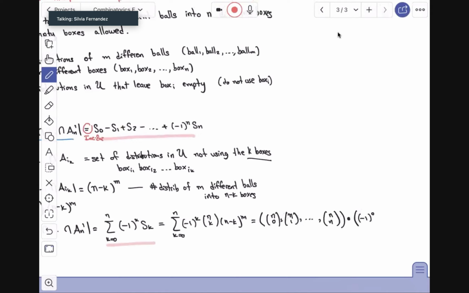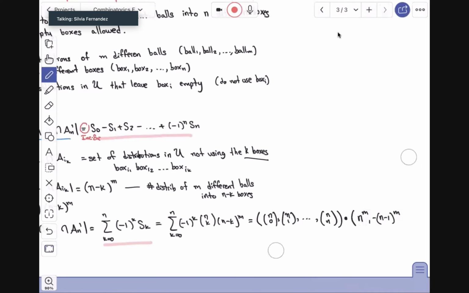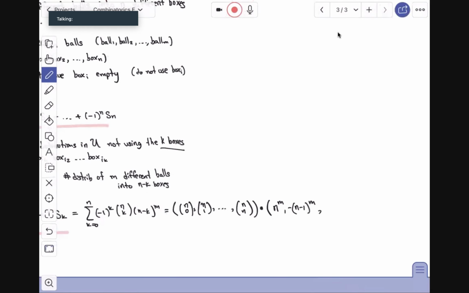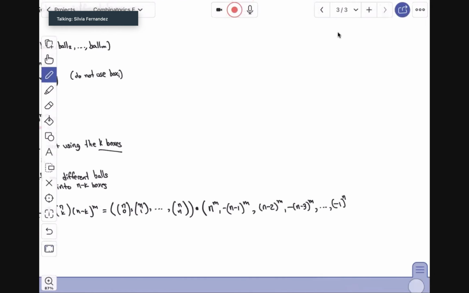And so let me just write it like this: n to the m, minus (n minus 1) to the m, plus (n minus 2) to the m, minus (n minus 3) to the m, and just keep alternating until you get to negative 1 to the n and minus n to the m.